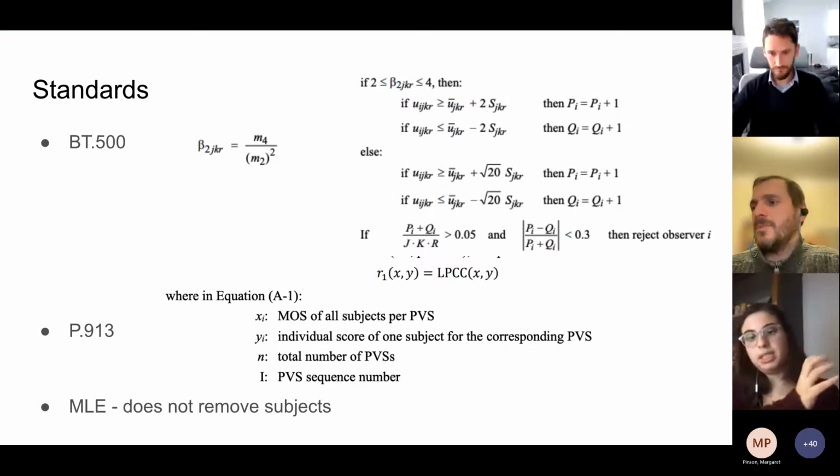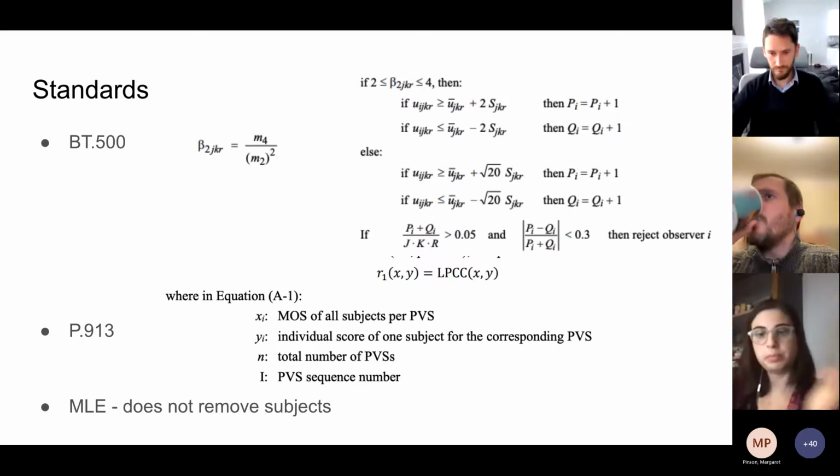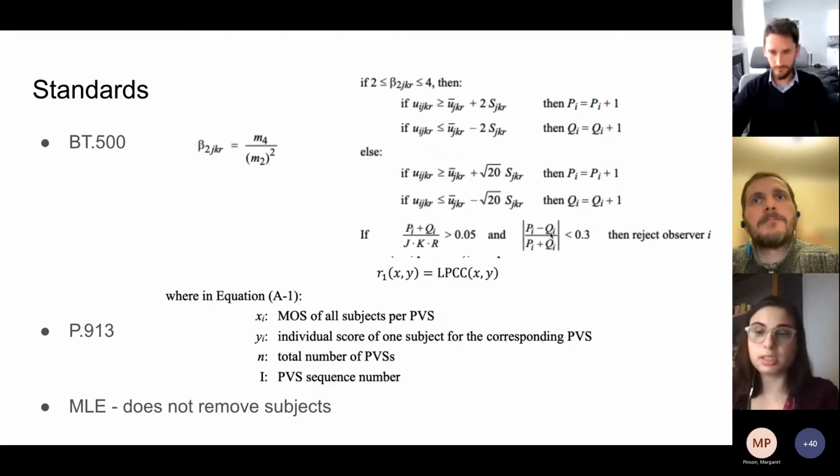Is it a bias that basically influences the subject to always give higher scores or lower scores, or is it distributed around the 0? When it's distributed around the 0, then the subject is rejected, while if it's on one side or the other, it is not rejected. So this is implemented within BT500.